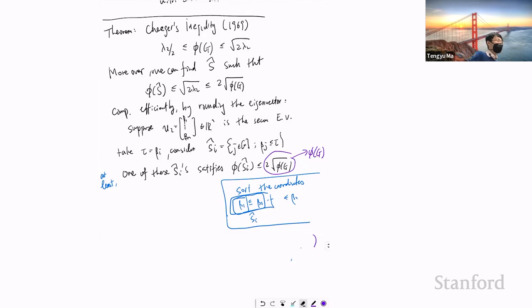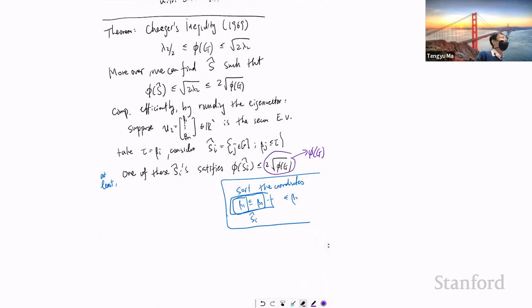The statement of the theorem said that we can find S hat such that its conductance is less than square root 2 lambda 2, which then is less than 2 square root of 2 phi of G. Is that what we're actually finding? We're just saying that by this transitive property, that's less than 2 square root of 2 phi of G. And in that case, I think we just care about the relationship to G, right?